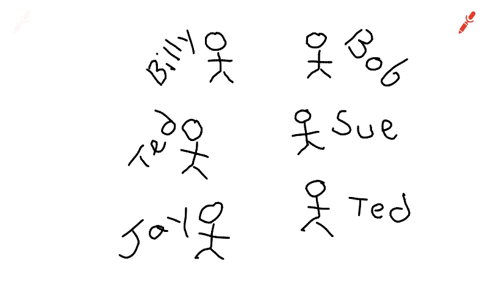Well, look, Billy and Bob have common friends here. A common friend named Ted. And I want you to kind of keep that in mind as we look at how to find common factors.